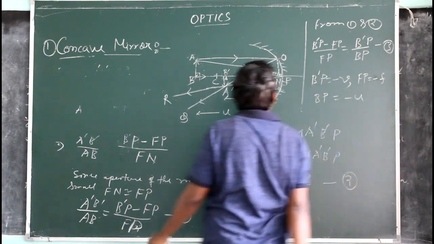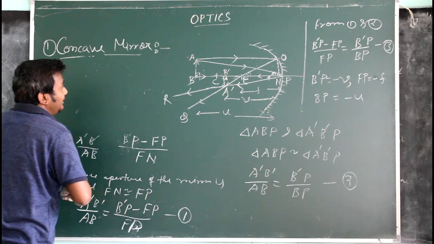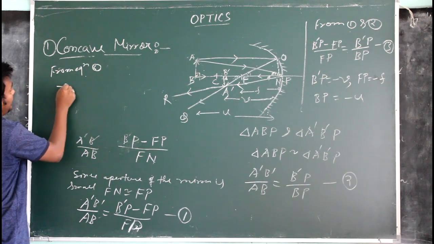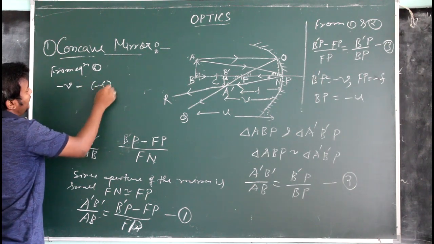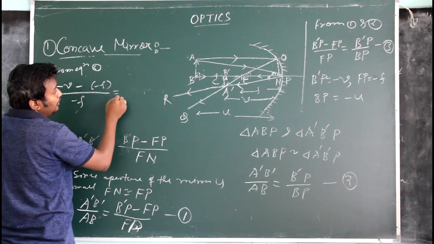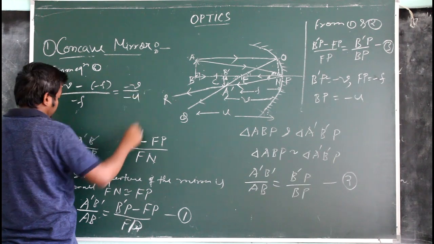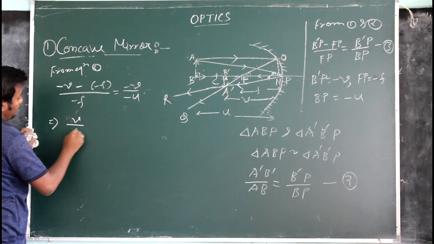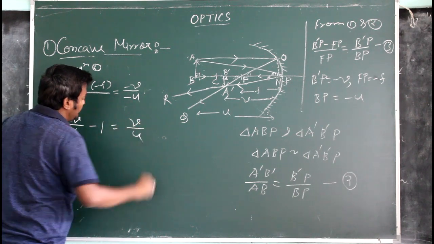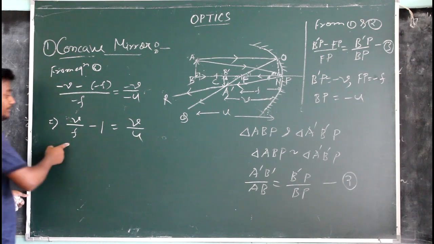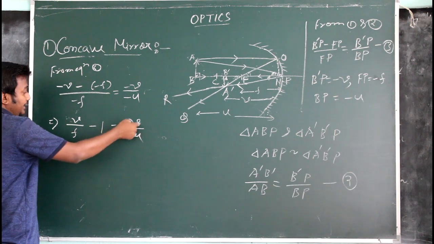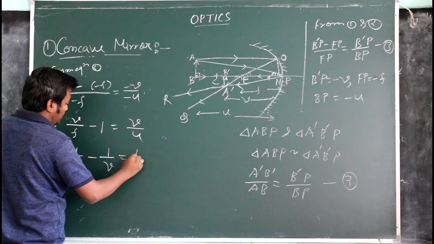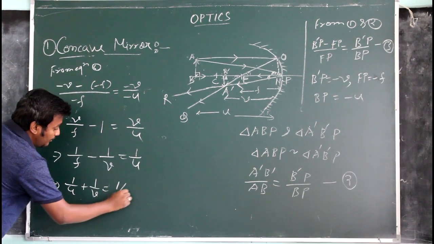Now we put these values in equation 3. B'P, that is minus U, minus FP, that is minus F, divided by minus F, equals minus V divided by minus U. So this will be V/F minus 1 equals V/U. Multiply by V, cross multiply, and you can get 1/F minus 1/V equals 1/U.